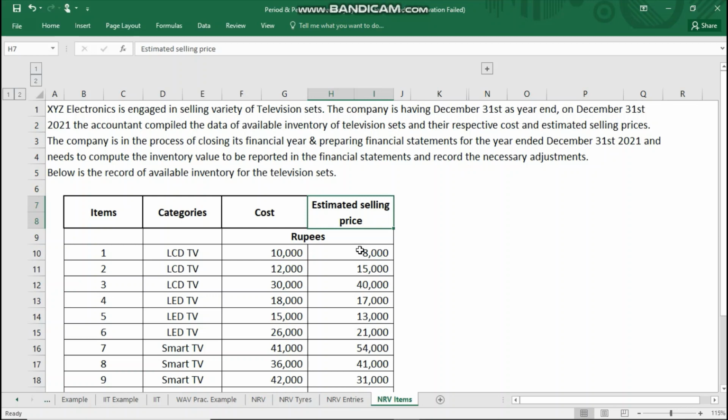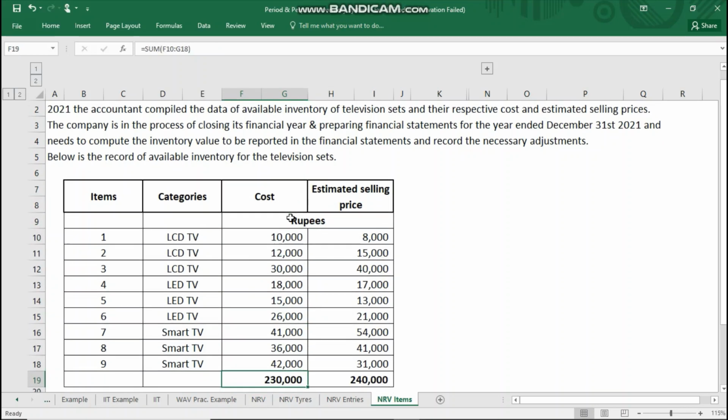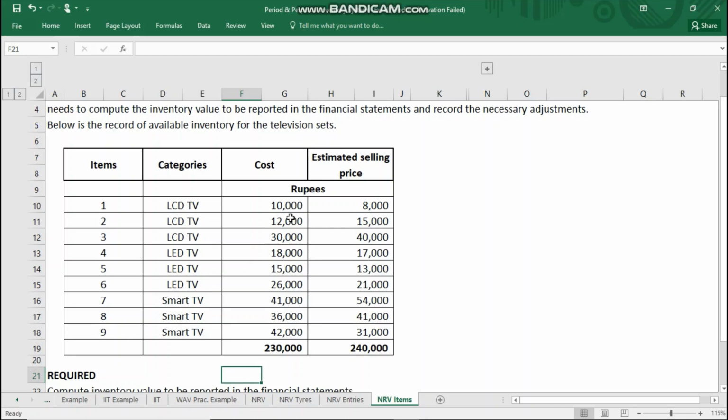So in this example, we don't have any estimated cost of completion or estimated cost necessary to make the sale. So we can safely assume that this estimated selling price is the net realizable value of each item. Okay, so now we'll see how we can do this NRV testing when this type of data is available.